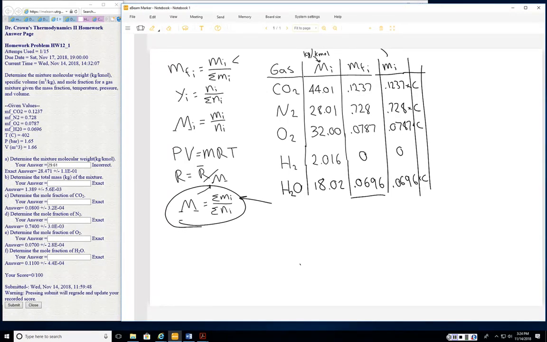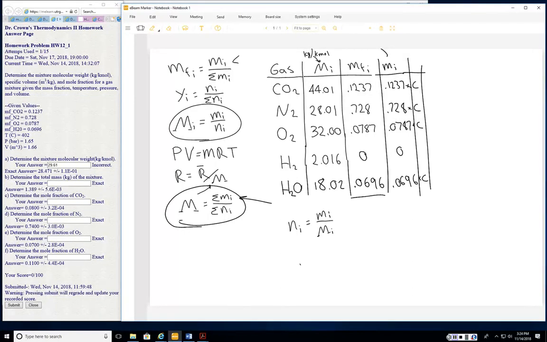Right, so I'm still after, though, the total mixture mass, and then I need to find the number of moles. The number of moles is not hard to find. If we use this expression, Ni equals Mi over the molecular weight for component i.